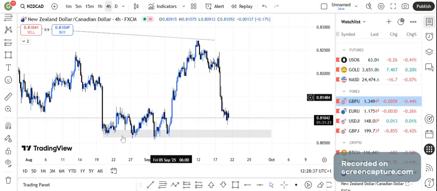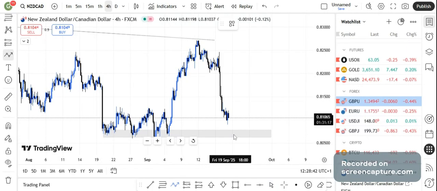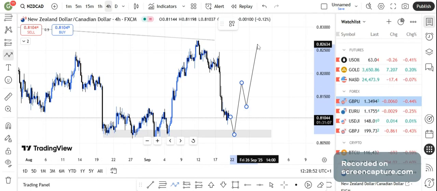But since we already have a support zone here, we expect price to come down here, then price should turn into a bullish trend and come back to this resistance zone. And whatever price wants to do, price might come back down again, or price should continue buying.